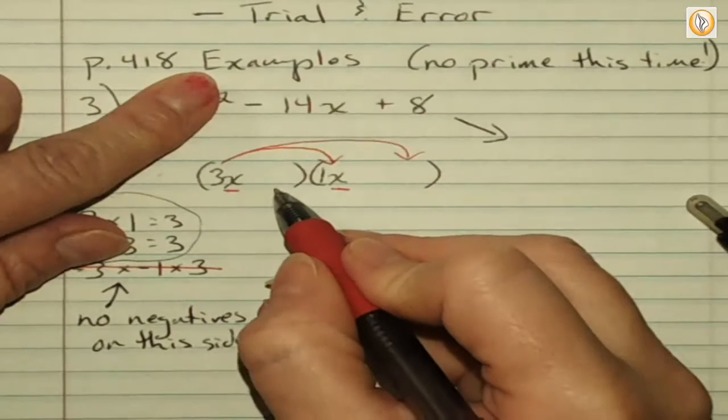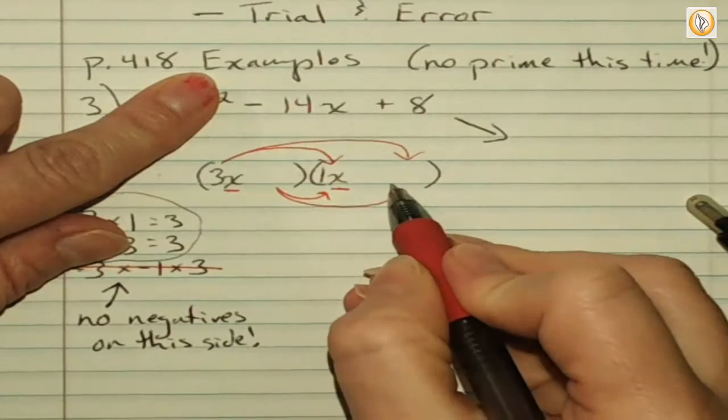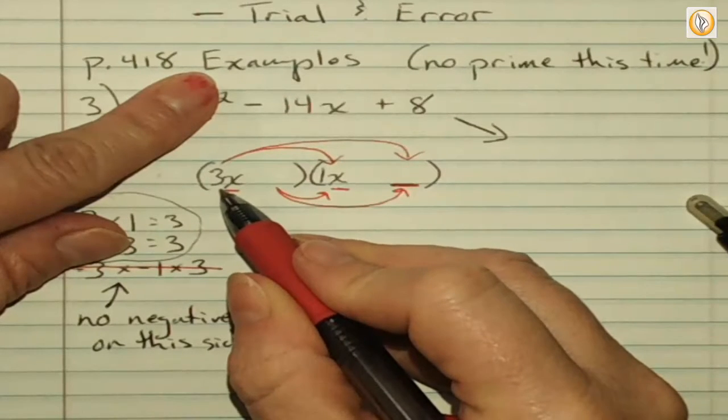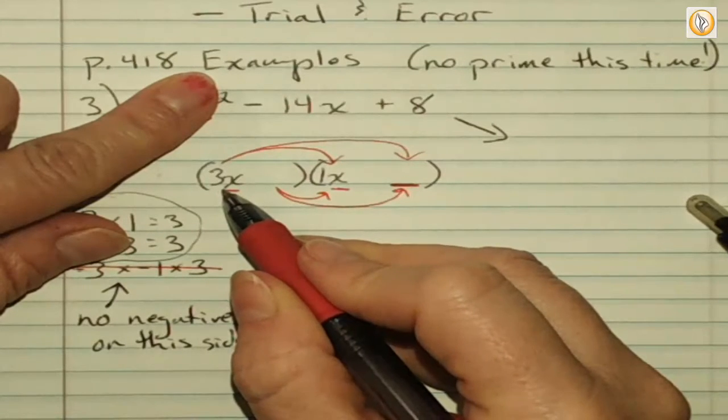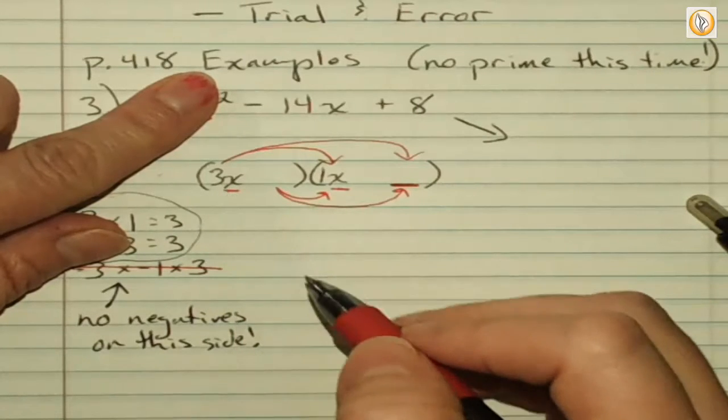So now, whatever I put in this slot right here will also be multiplied by the 3. See where I'm going with this now? This is where it starts getting tricky.